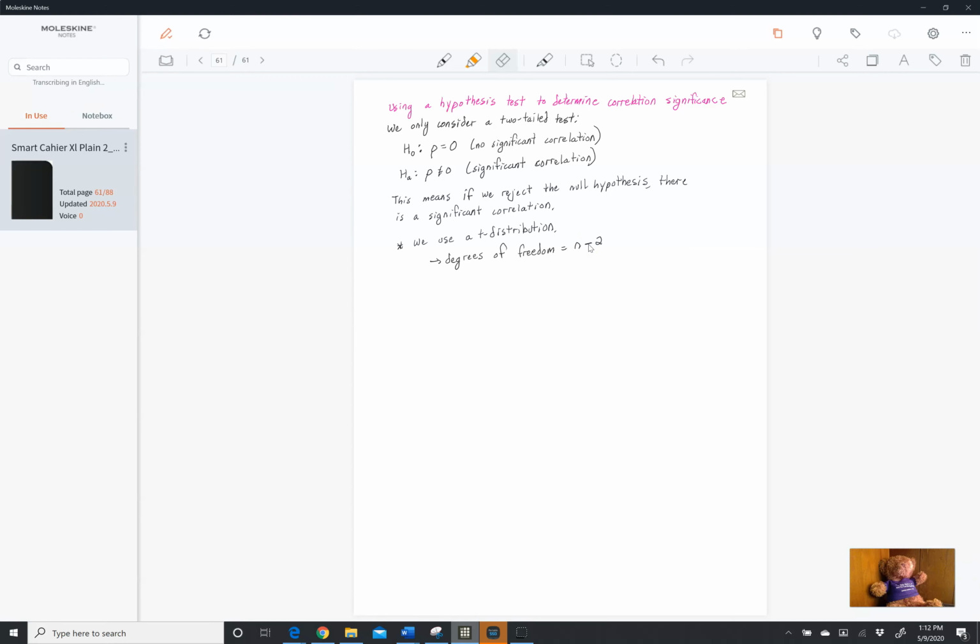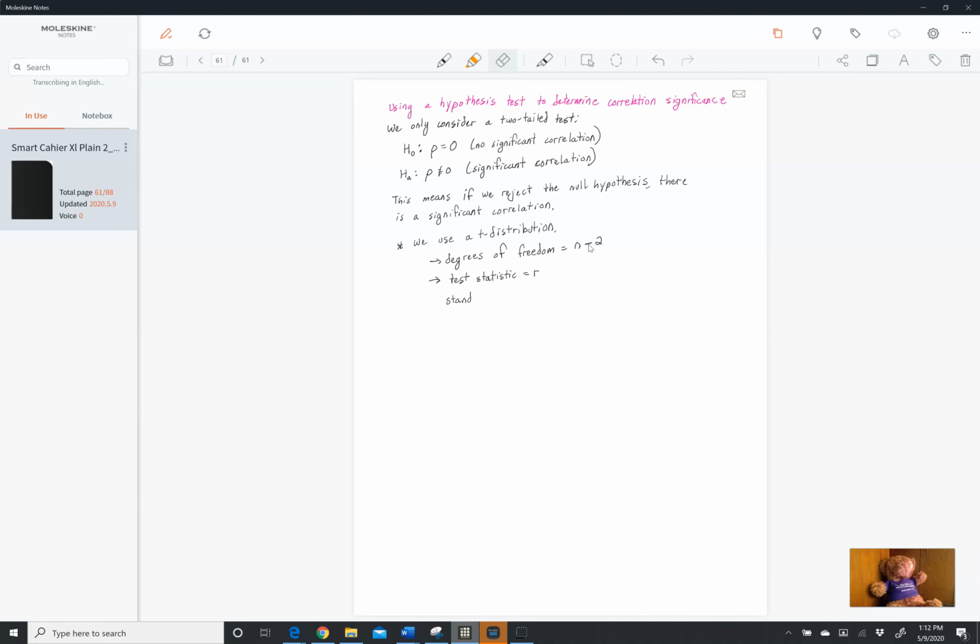These hypothesis tests work in the same way: we have a rejection region, a test statistic, and a standardized test statistic. The test statistic is your R.